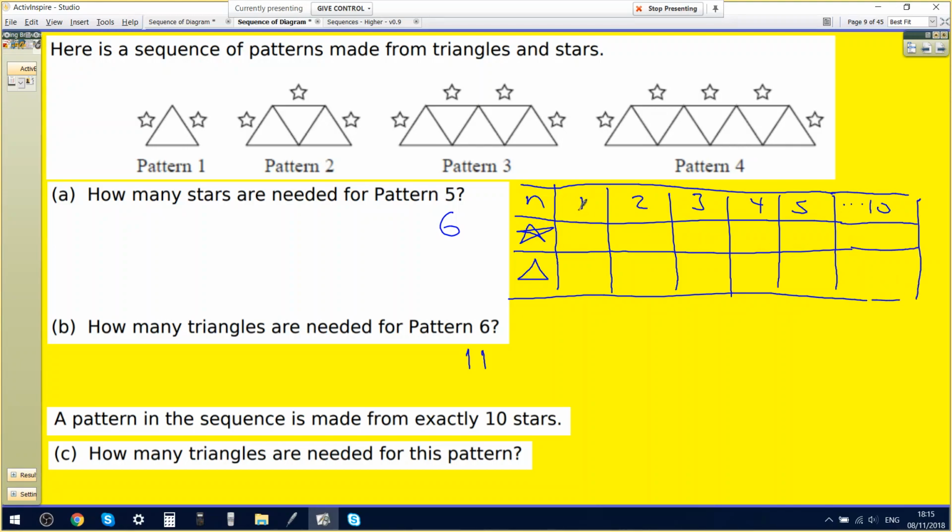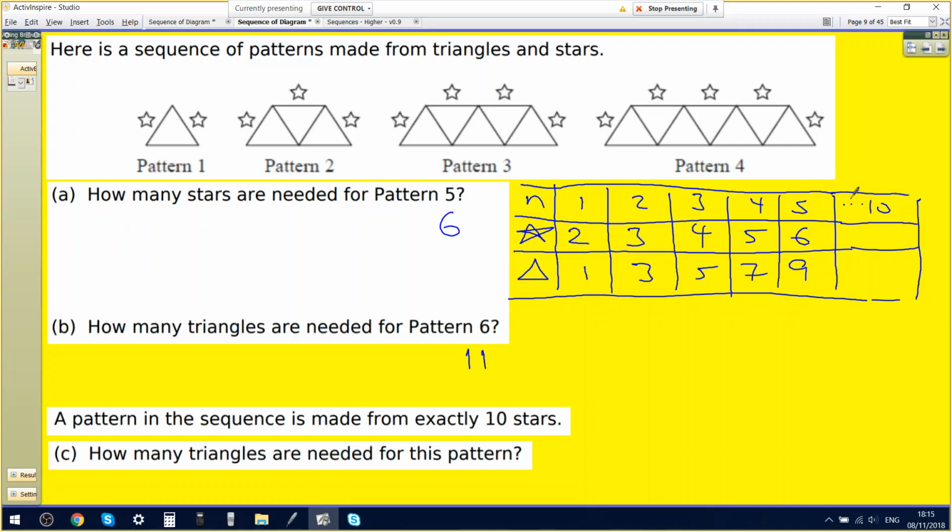Okay, so pattern. So this was the stars. And then the triangles started with 1, 2, 3, 5, 7, 9. Can you find a connection? What is the connection between n and the stars?